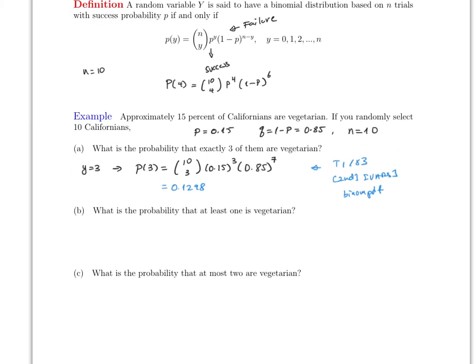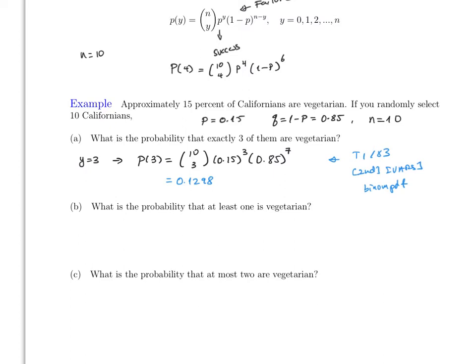All right, so part B, using the same information, asks what's the probability that at least one is vegetarian? So now at least one means y is greater than or equal to 1. In this case you don't want to do this directly, because at least one means 1, 2, 3, 4, 5, 6, 7, 8, 9, and 10, so you would have to do this 10 times. Instead you should do the complement, which is 0, or none.